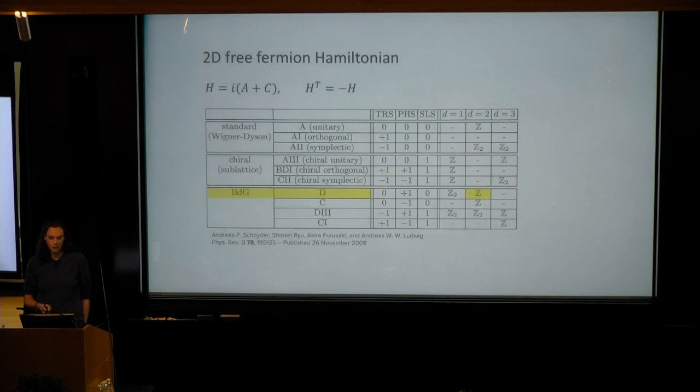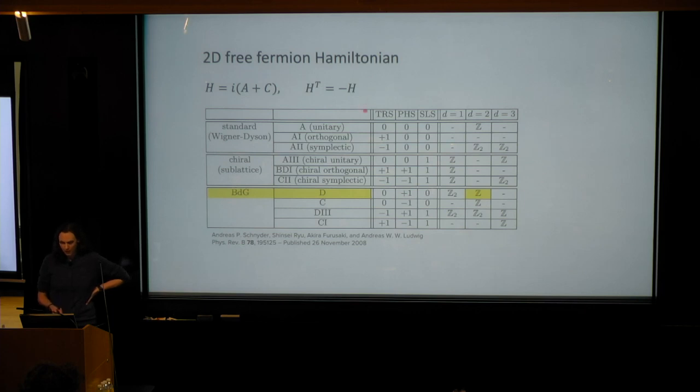So if you have a free fermionic Hamiltonian, and this is not particle number conserving, but has no further symmetries, so you have a BDG Hamiltonian, then there's a standard form how to write this Hamiltonian, where you just go to a Majorana basis, and in this basis, a general BDG Hamiltonian without further symmetries takes on exactly this form.